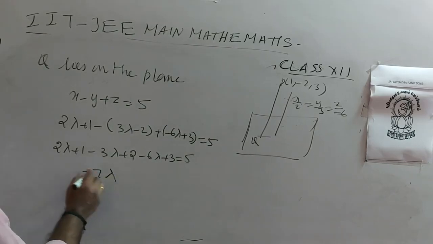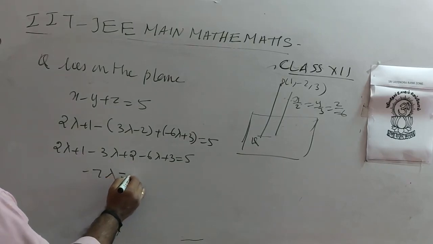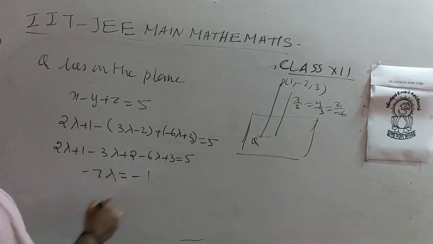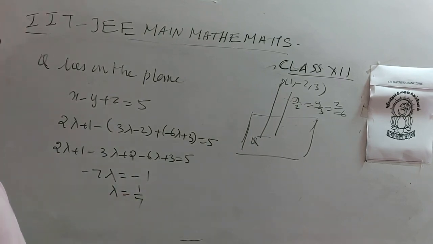So minus 7 lambda equal to minus 1. Lambda equal to 1 by 7.